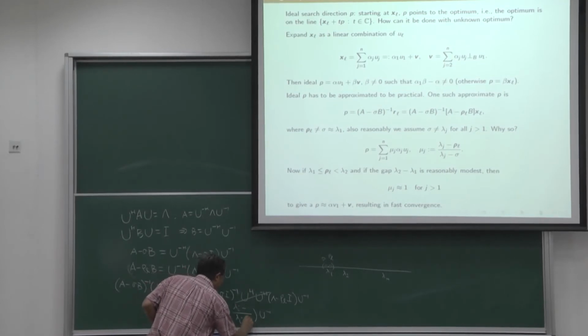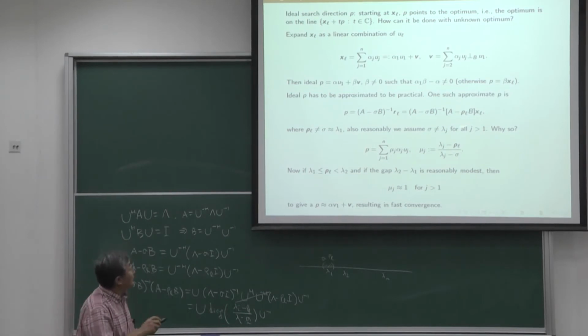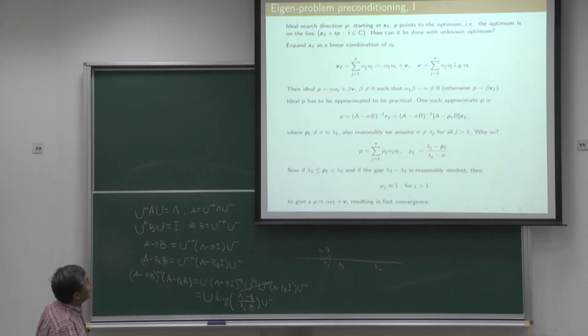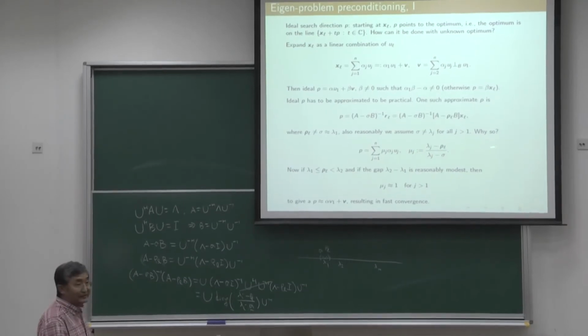This is the denominator, that's rho_l. So all the components are multiplied. This can be thought of as a damping effect.